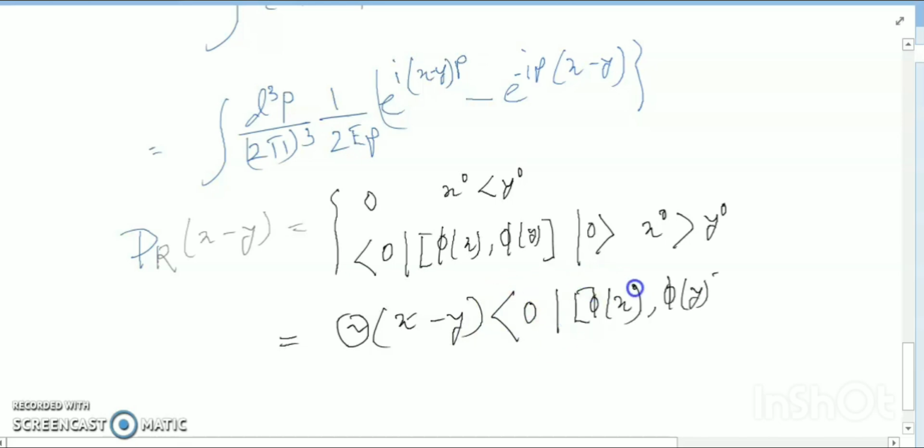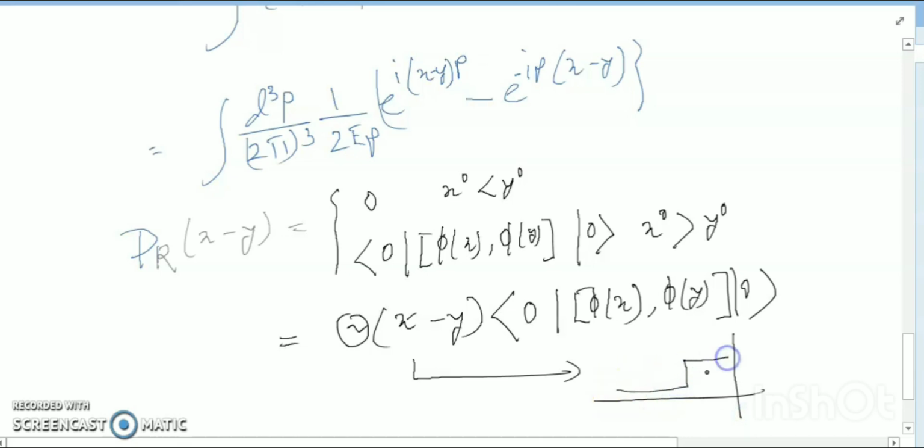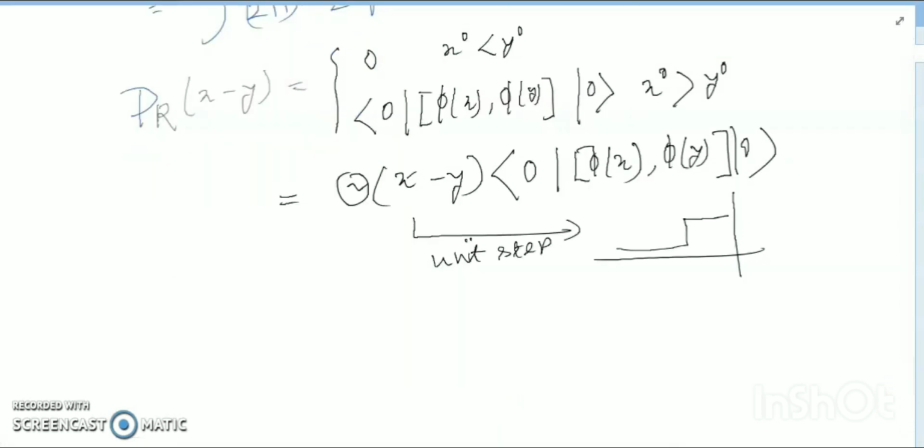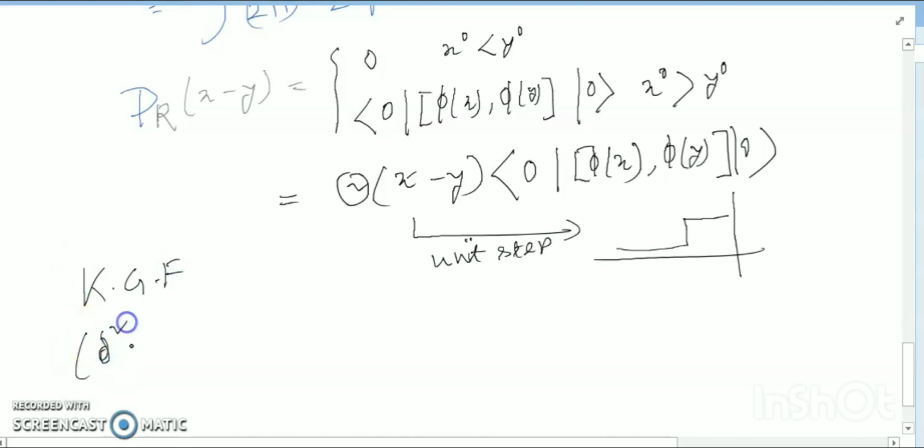Suppose this is the graph, this is the unit function, so 0 and the other is 1. So now I just apply the KGF equation. Now I go to KGF. You know what the KGF equation is: del square plus m square acting on the propagator.